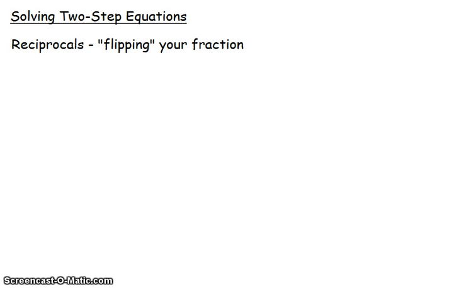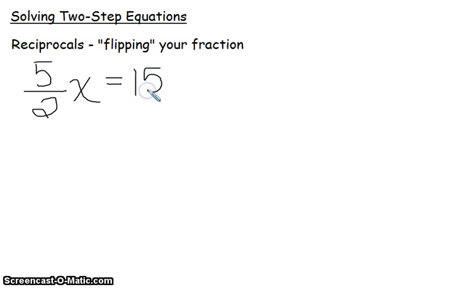So I want to take a look at using reciprocals when you are solving an equation. We're just going to do this one example here together. 5 halves, or 5 over 2, x is equal to 15. Now, because that 5 halves is attached to the x, you should view that as a multiplication problem.